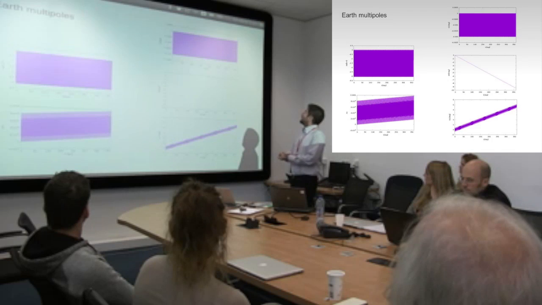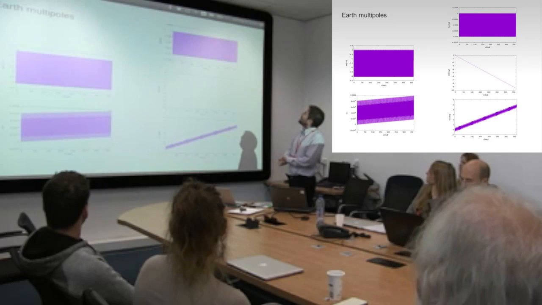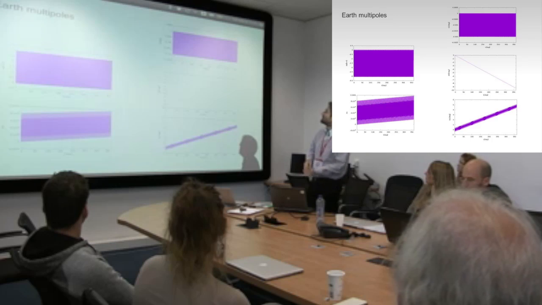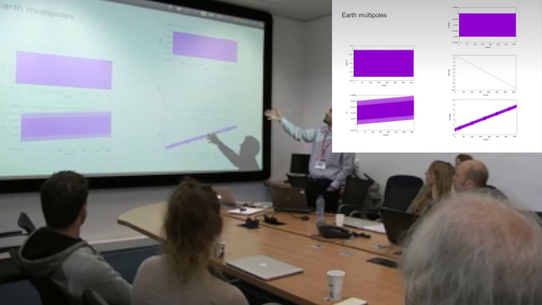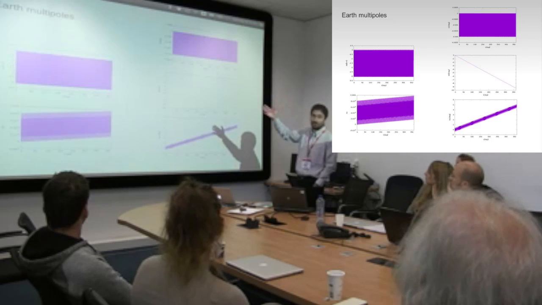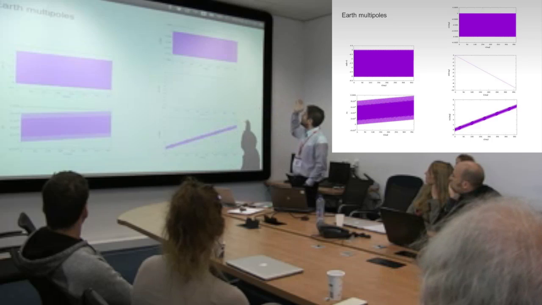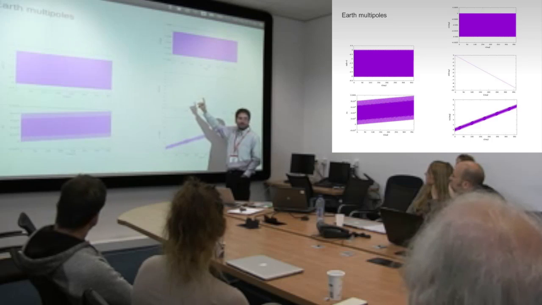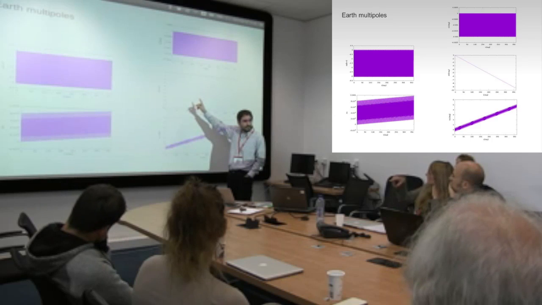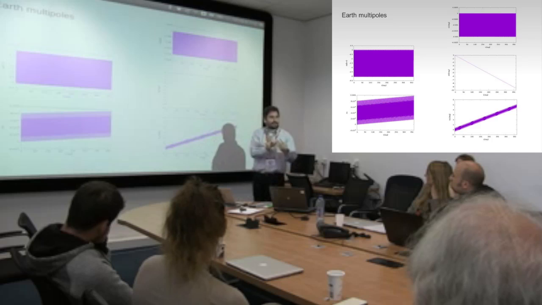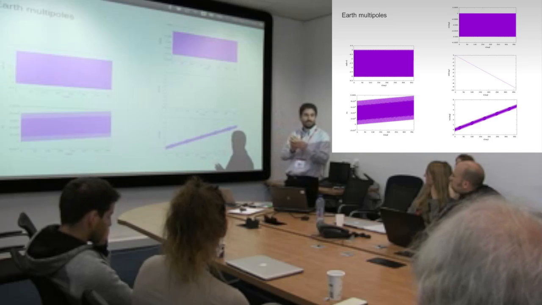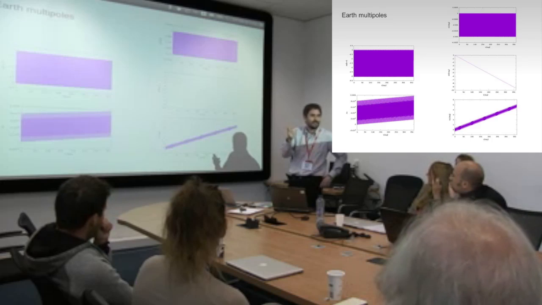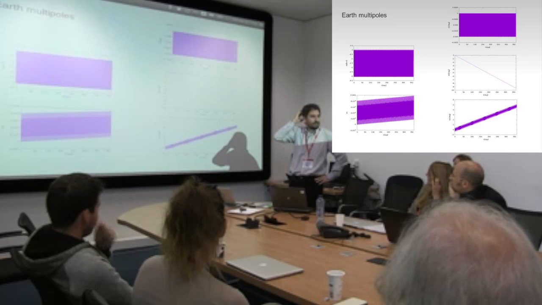This is just one example of the time evolution of the orbital parameters in the case of Earth multipoles. The semi-major axis doesn't change on average, nor does the inclination. Then there is the line of nodes, the longitude of the ascending node, and the other one, the longitude of the periapsis, I think.